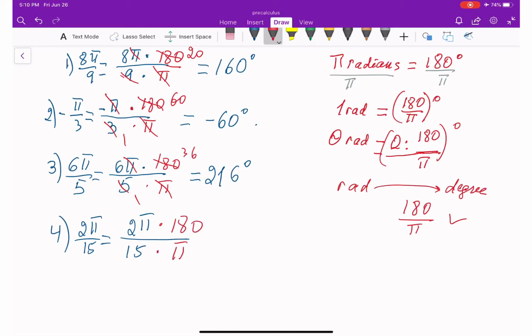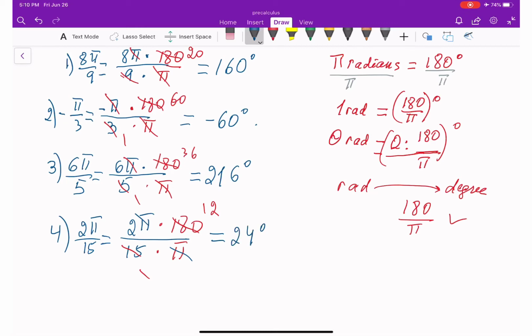Okay, so pi and pi are gone. 15 and 180, I can divide both of them by 15, right? This is gone. This will be 12. And the result is going to be 24 degrees.